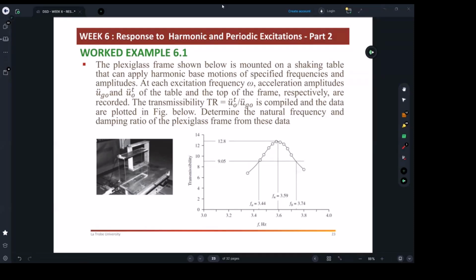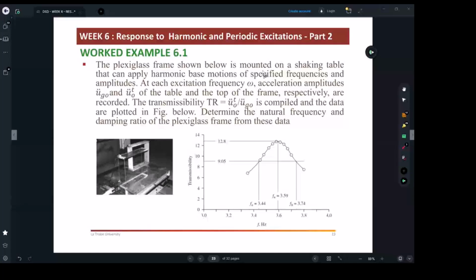We are talking about example 6.1. So what do we have there? Well, that was the same frame we discussed a few weeks ago, which was also under vibration, and we estimated some dynamic properties from the vibrations.